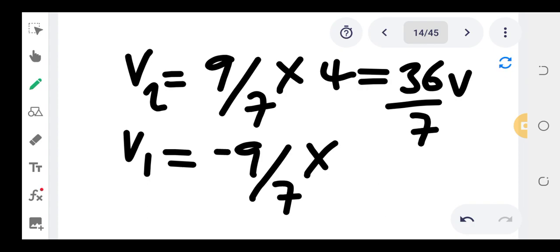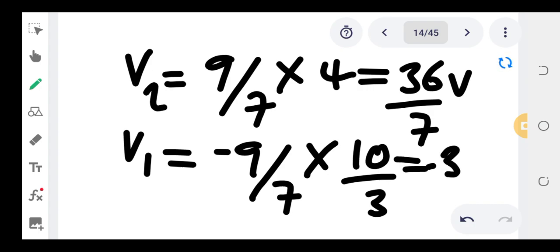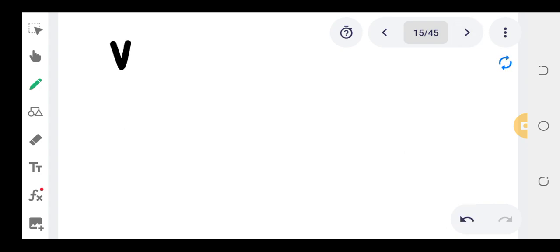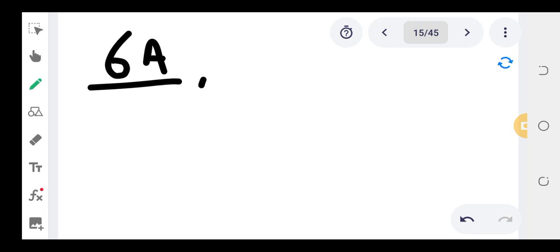So negative 9 over 7 times 10 over 3, what am I getting? Negative 30 over 7 volts.